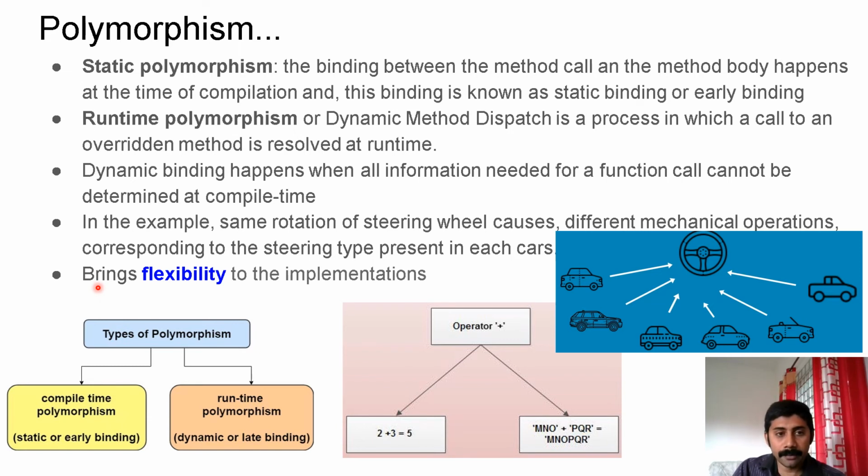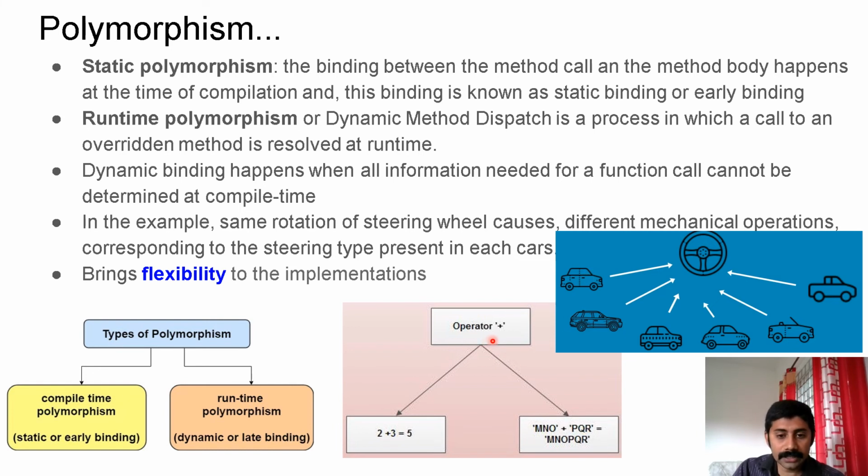Flexibility is the core advantage of polymorphism. The programmer can decide how to implement the logic of that particular function. To the outside world, the function remains the same. It is just the steering wheel. But the car manufacturer can decide how to implement the steering wheel's internal details.